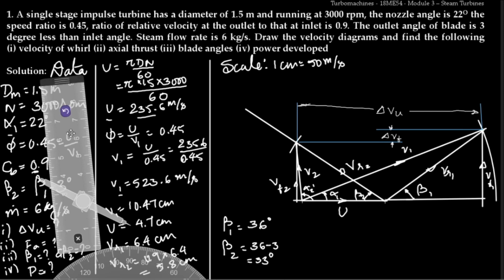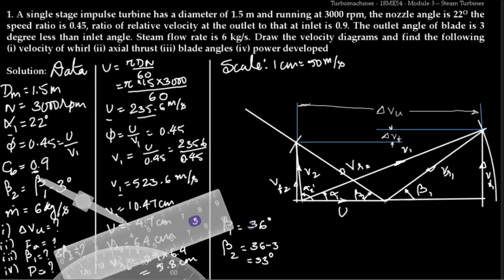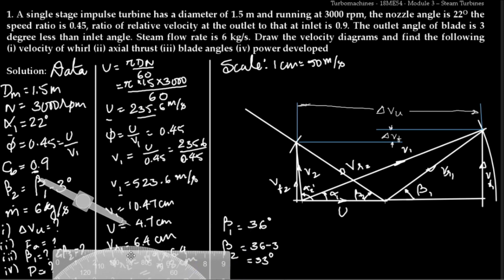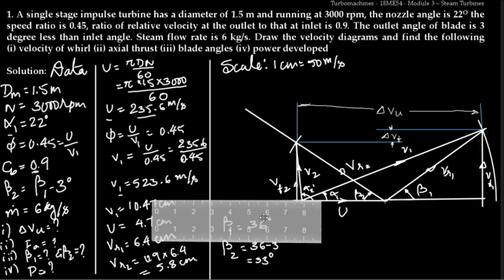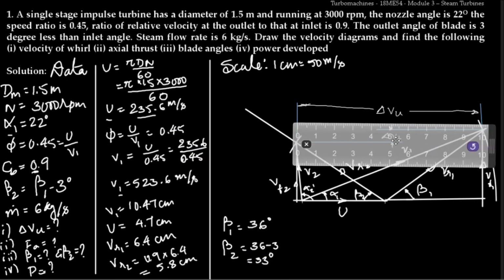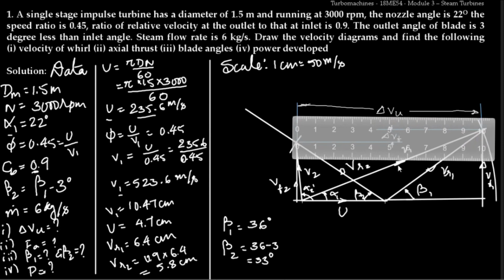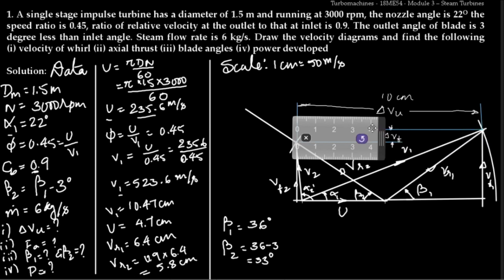Now let us measure these lengths. I'll make the scale horizontal. Now we can see that our delta VU is approximately 10 centimeter, and I'll change the scale to vertical. I'll reduce the length.